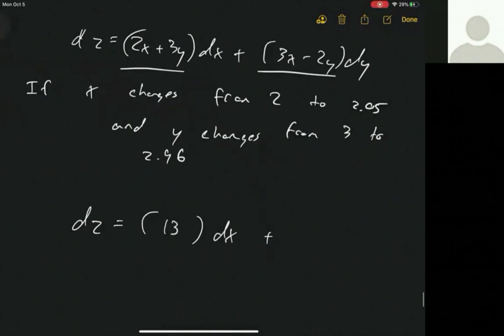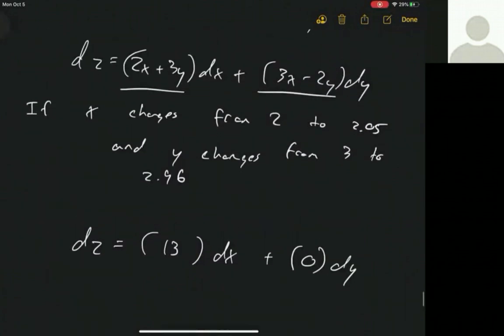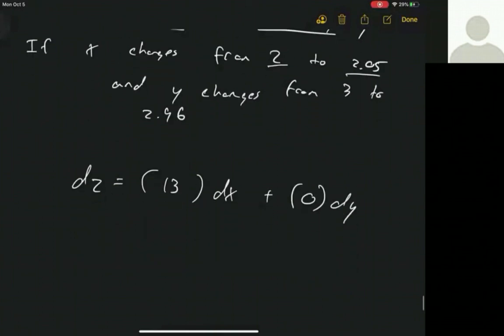And then what's this partial derivative? It'll be 6 minus 6, so 0. Now, what's my dx? It's my change in x. So my x value goes from 2 to 2.05. So that's an increase of 0.05. And this term here is just going to be 0.